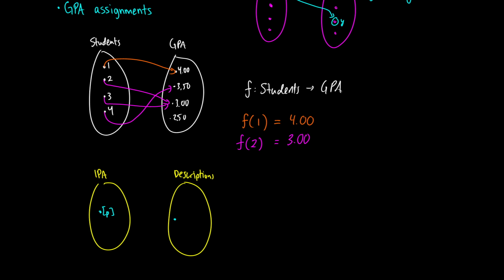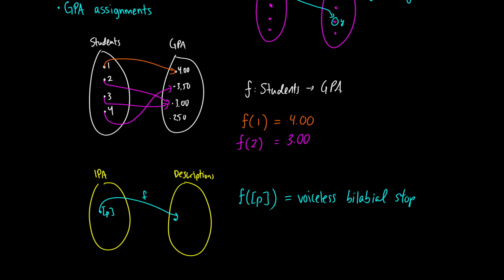Well, this sound has a description, so we could have a function that maps the IPA sound to a description. So if we give a function f the sound p, our output might be a voiceless bilabial stop, for example. So you put something into a function, it gives you something back.